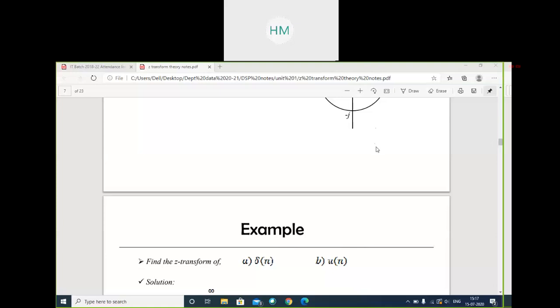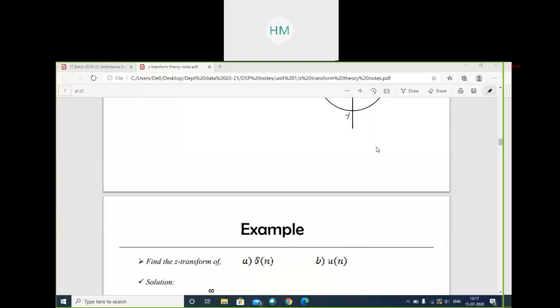Avantika. What is the answer, beta? Z to the power n minus 1. For u of n or for del of n? Okay. One more minute I will give you.